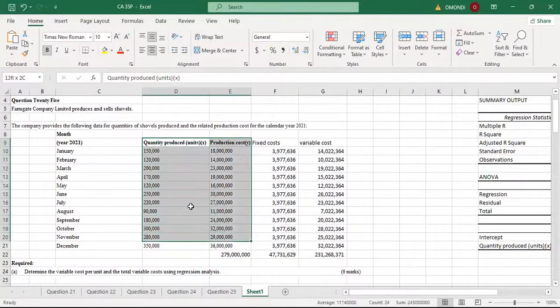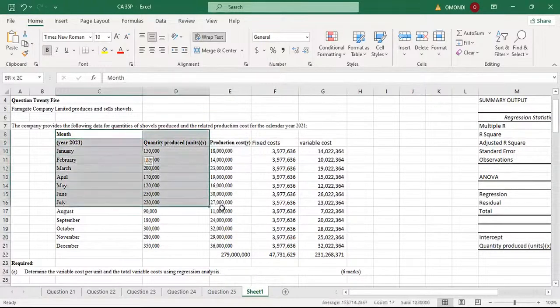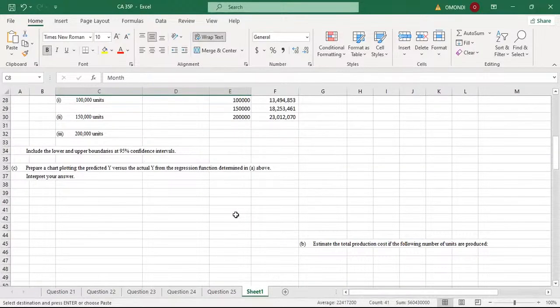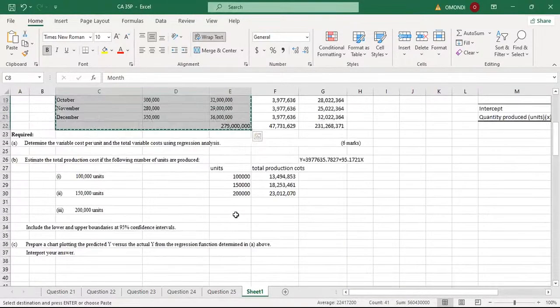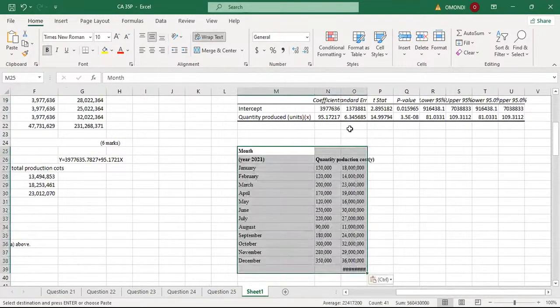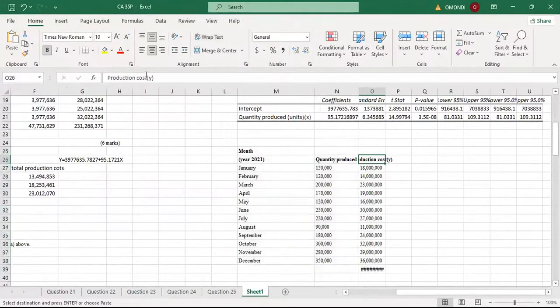So let's have this data which was given to us, it will be of help. Let me place it somewhere here. What I'm interested in is this one here, the actual y.